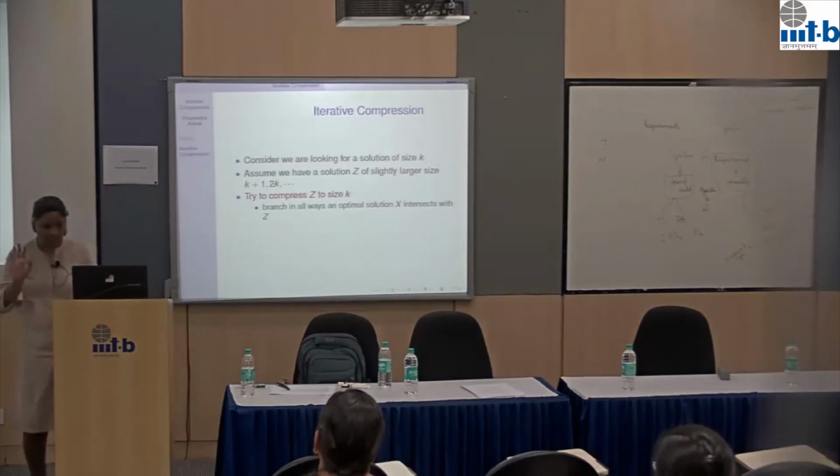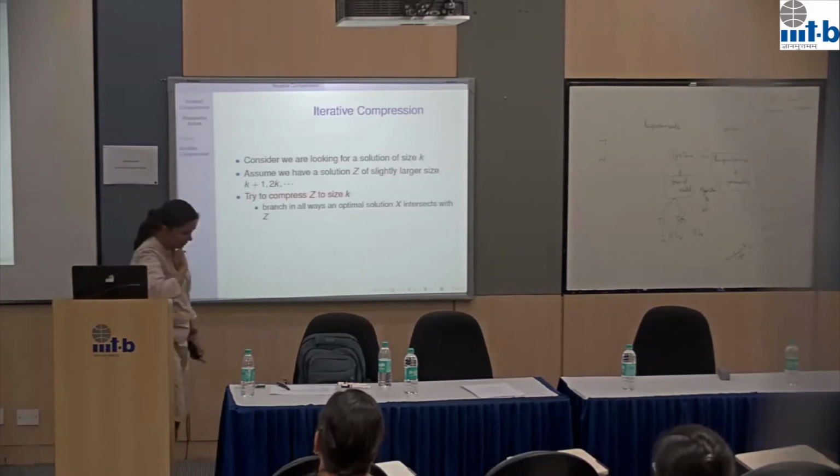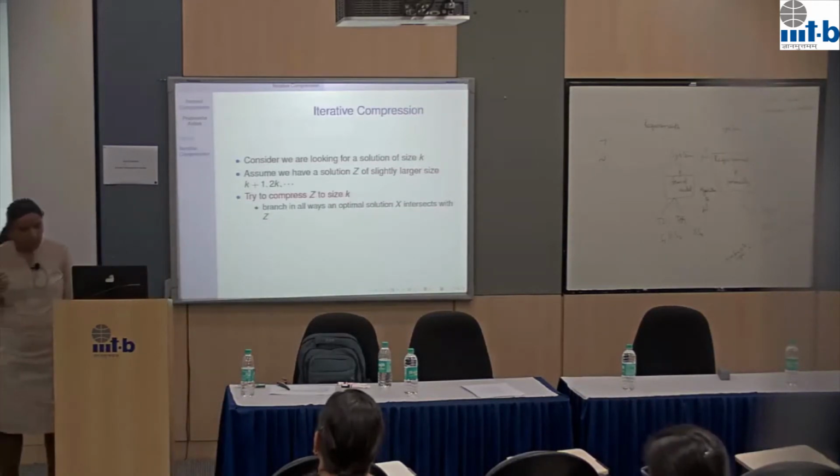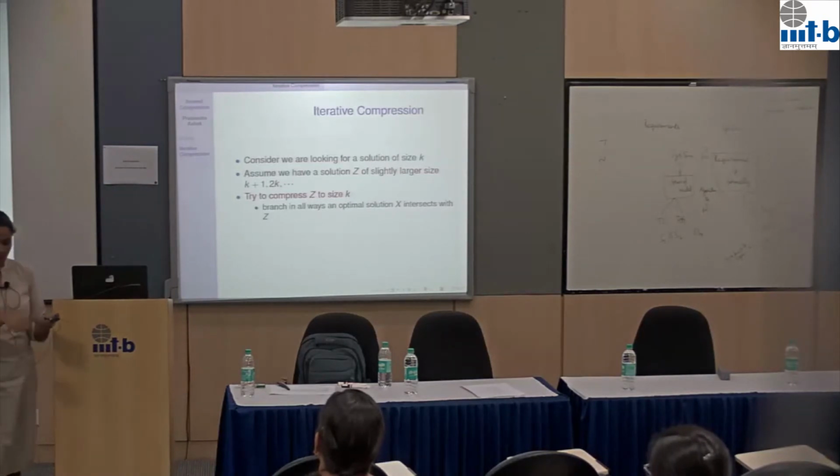I'll explain it. Hopefully this will be more clear when I give an example. So you have z, and z is not an optimal solution. So you will consider all possibilities in which the optimal solution will intersect with z. Or in other words, from z, you will make a guess how many of the elements in z are actually in the optimal solution.